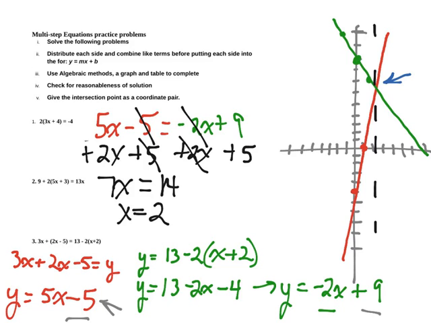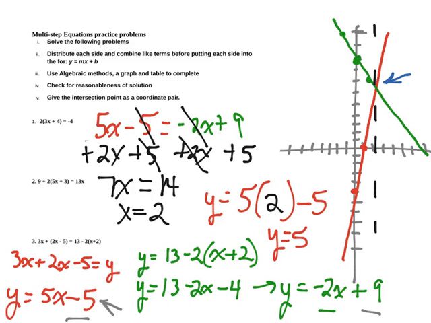I'm going to use the red one, and I'm going to go y equals 5 times the quantity of 2, that's my x equals 2, minus 5. And I solve this, and I get 2 times 5 is 10 minus 5, so y equals 5 when x is 2.